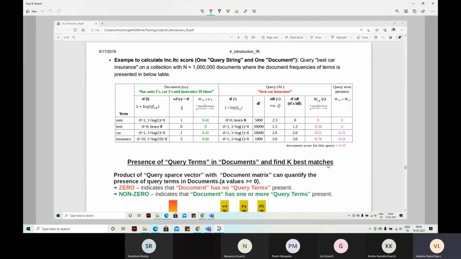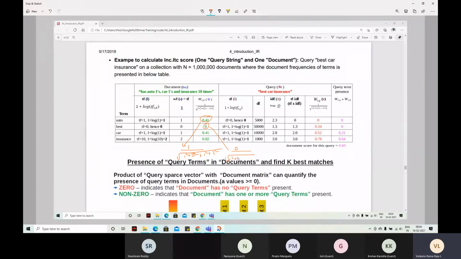So here, this number I got when I did 1 divided by square root of 1 square plus 0 square plus 1 square plus 2 square. This number I got because 0 divided by the same square root.